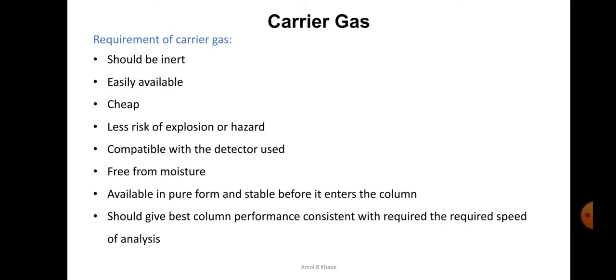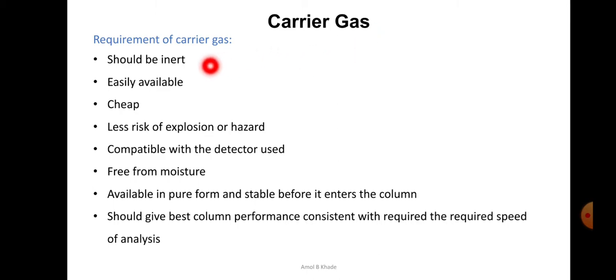Beginning with the instrumentation one by one, starting with the mobile phase, which is usually considered as a carrier gas in gas chromatography because it is carrying our sample over the stationary phase, which could be a solid or liquid. Carrier gas has certain requirements.